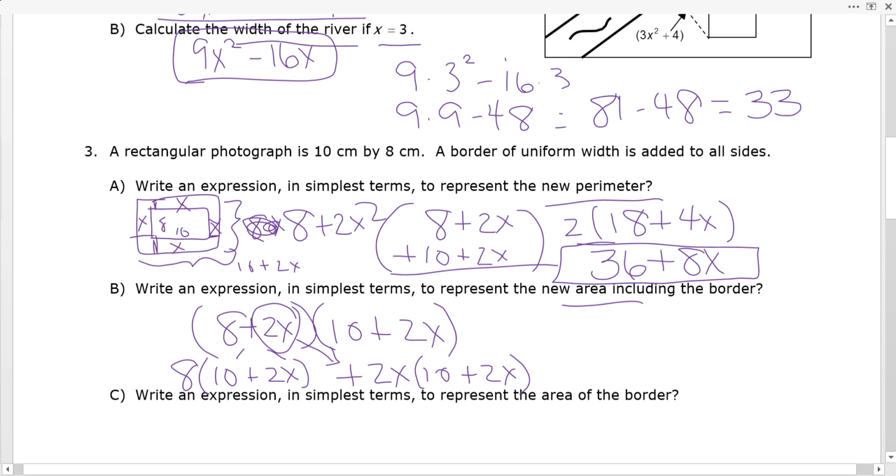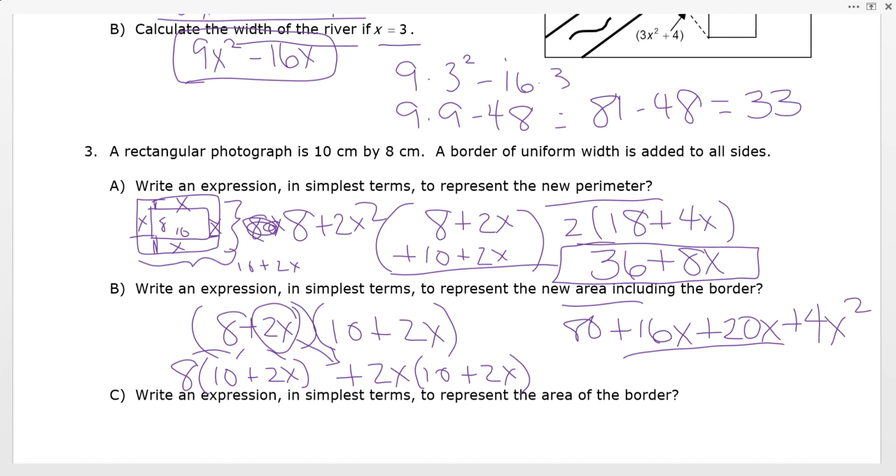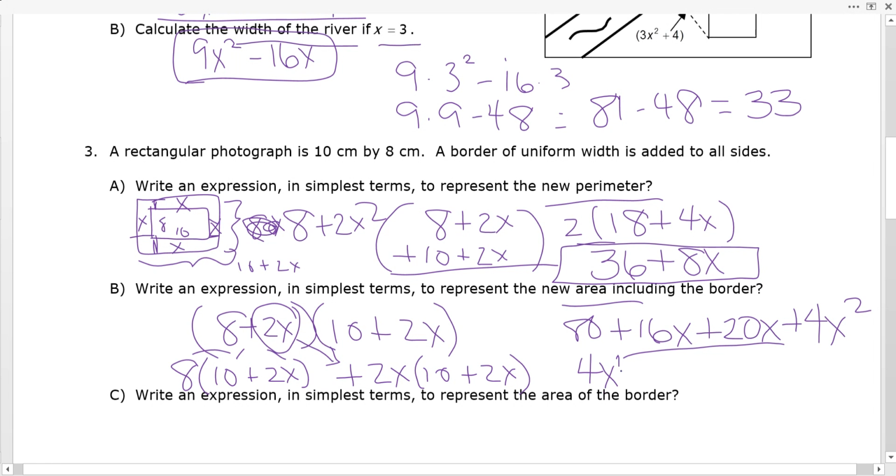And I end up with distributing 80 plus 16x plus 20x plus 4x squared. These combine. I'm going to rearrange it so my x's are in order from biggest exponent to smallest. So I have 4x squared plus 36x plus 80.